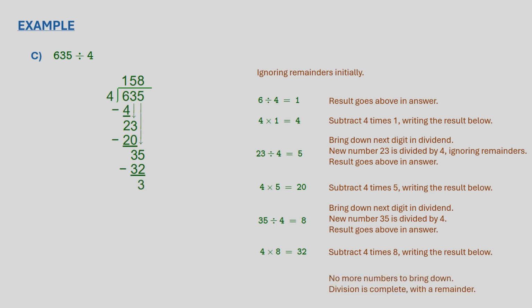So here, after we've done the last step of our final subtraction, we are left with 3 below, and this is in fact the remainder to this division sum.